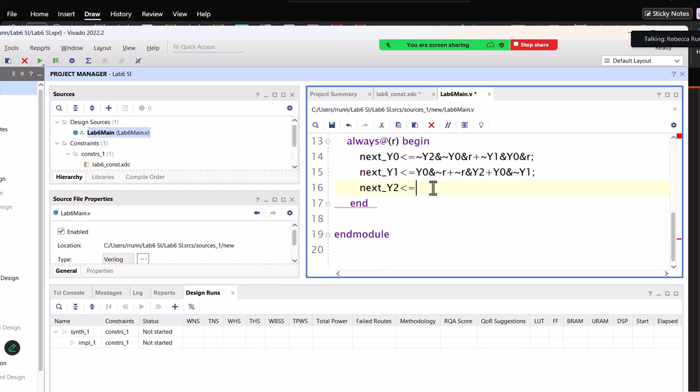Okay, y2. y2 is y1 ANDed with r, or y2 ANDed with r ANDed with not y0.